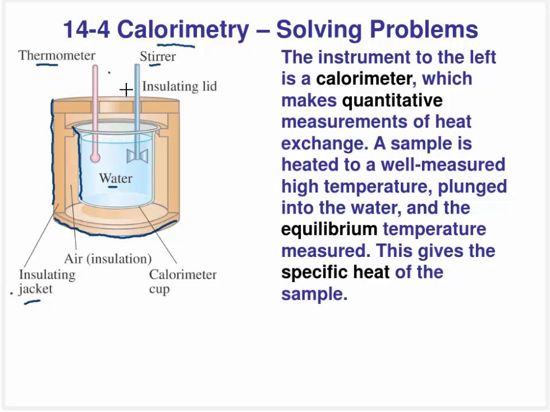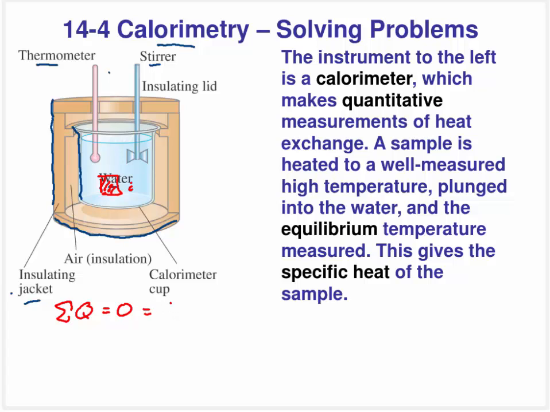We just have a little stir to keep the water agitated. It's not really adding any energy to the system, we'll say. And we can say, hey, I'm going to take a hot piece of iron and kind of dunk that guy into the water. So we're going to say, hey, we're going to have an isolated system, and so we can say that the sum of the Q's is going to be equal to 0.